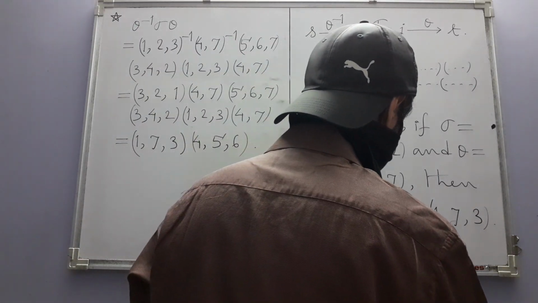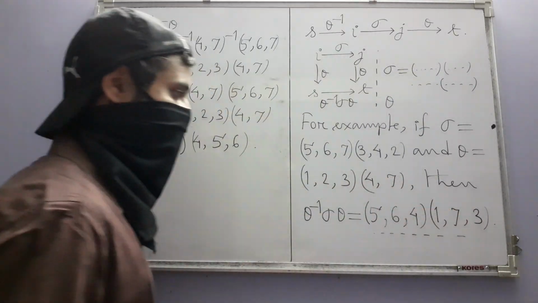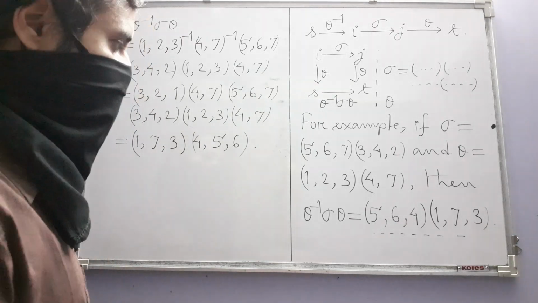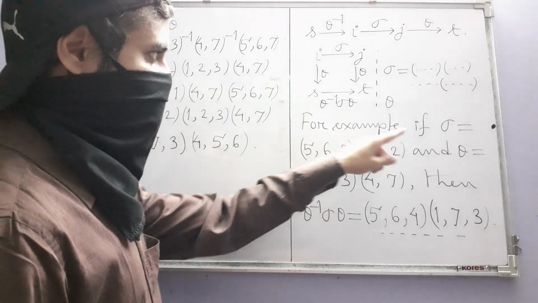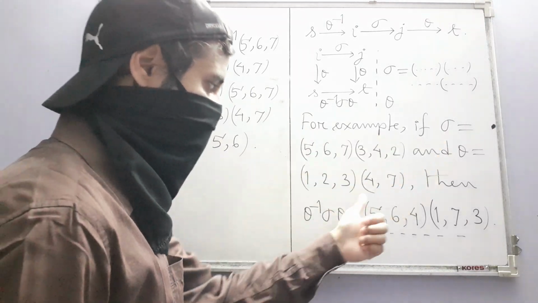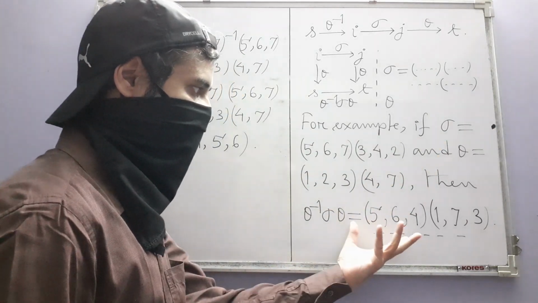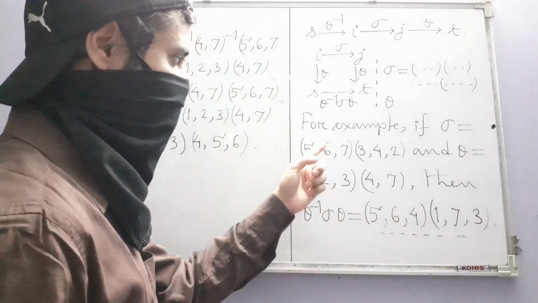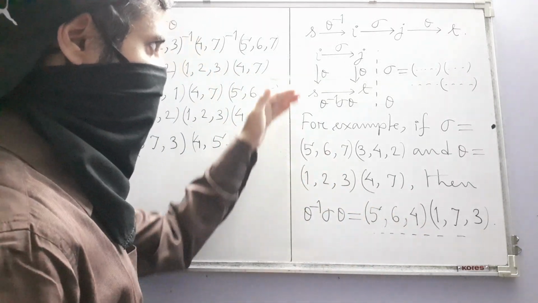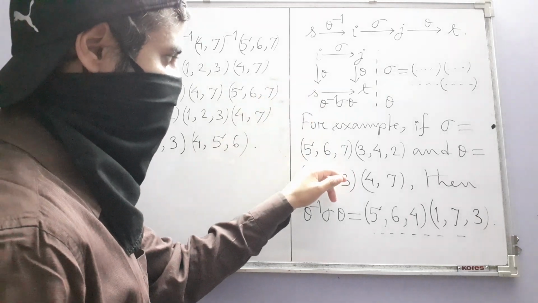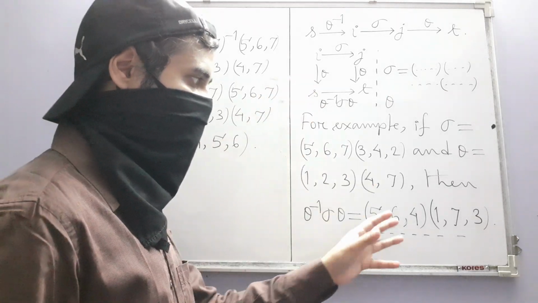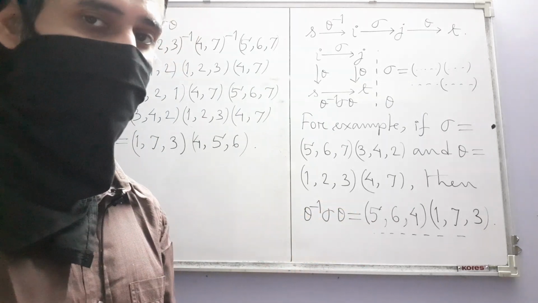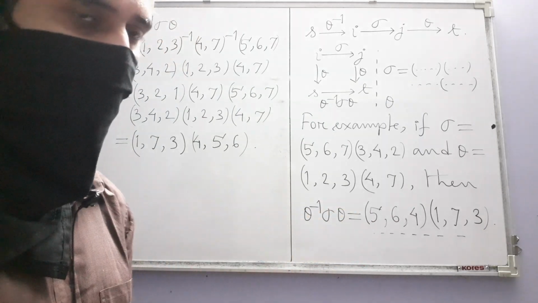So the cycle decomposition has not changed, and this is the clue. If you have a permutation and form a conjugate like this, then the conjugate will have the same cycle decomposition as the original one, because the method just asks us to replace the symbols with some other symbols, and that has no effect on the cycle decomposition whatsoever.